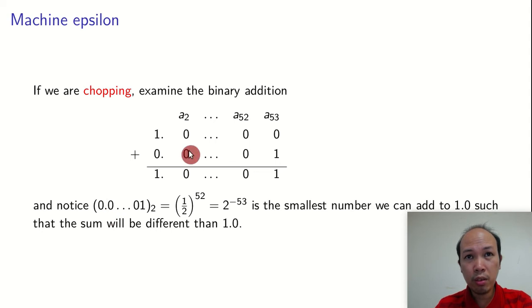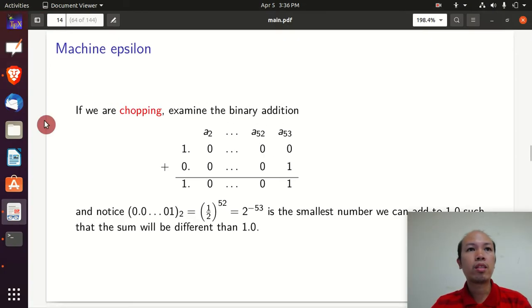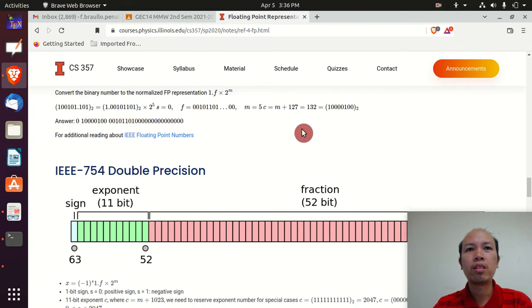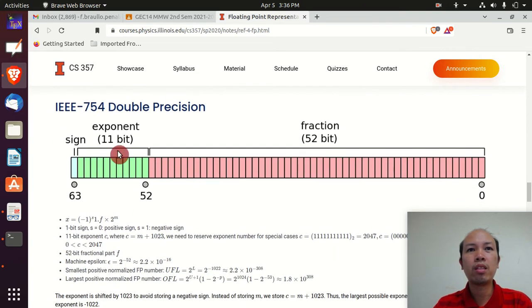This first zero here is a sub 2, and if you remember our previous lecture, let's say this is the double precision or the 64-bit computer.